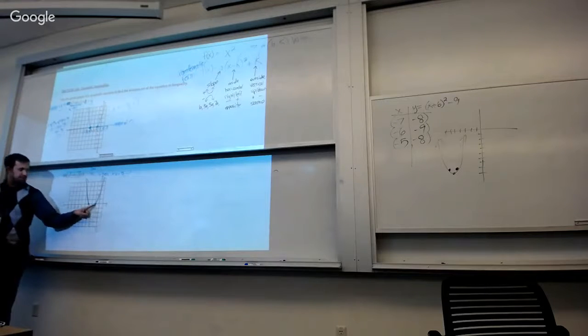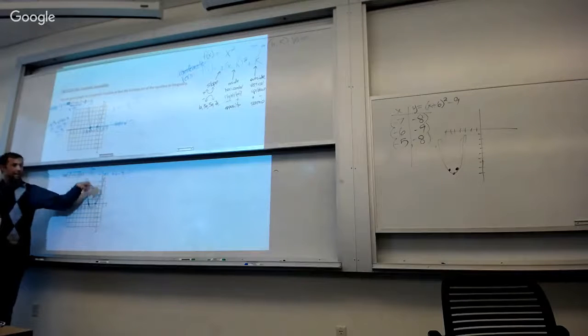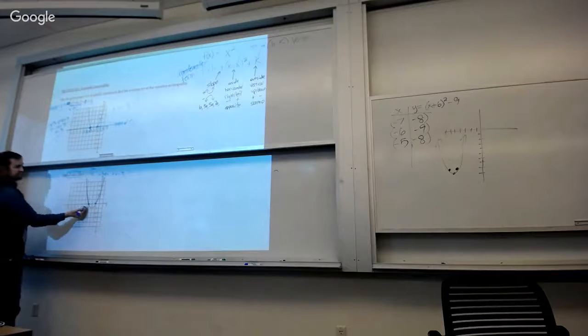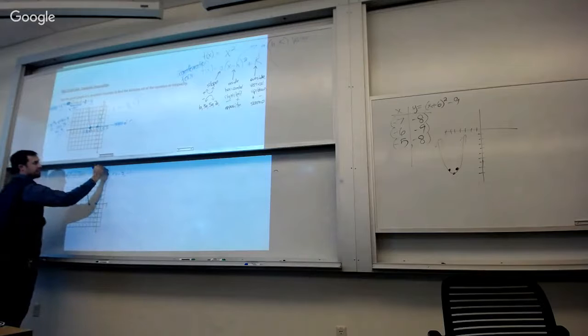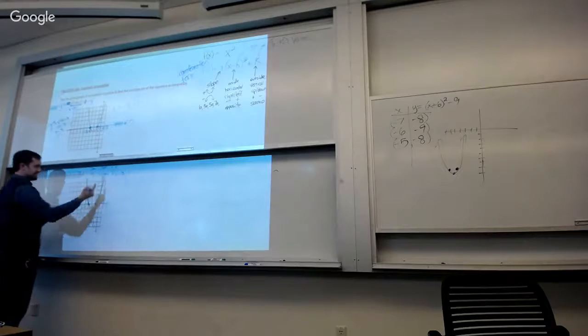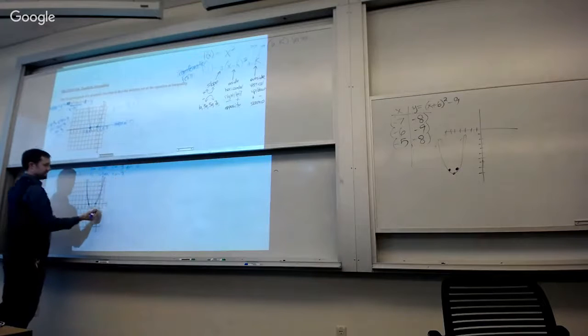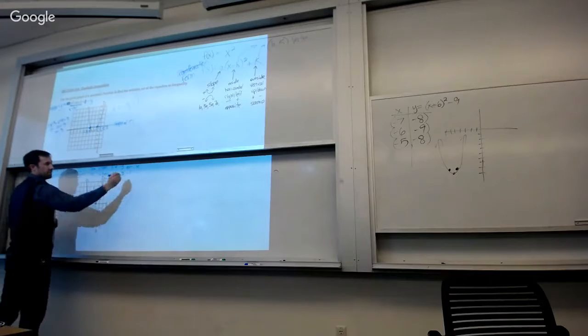Any value to the right of -1, you'll also be on the parabola up here. So the answer is that the parabola is above the x-axis when either x is less than -3 or when x is greater than -1.